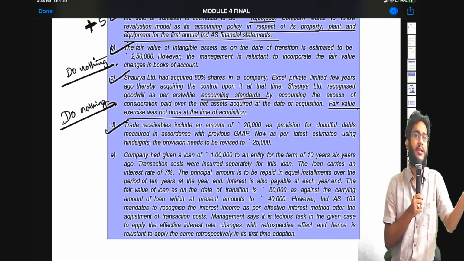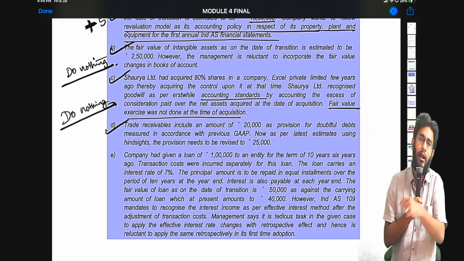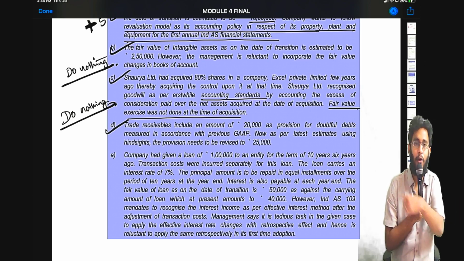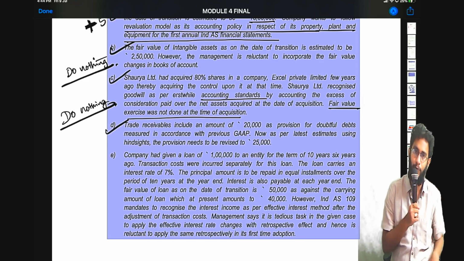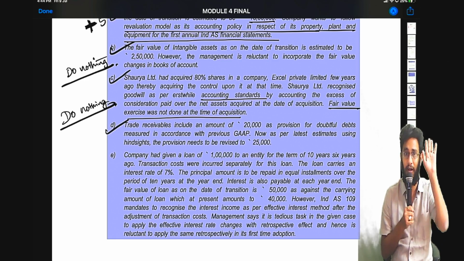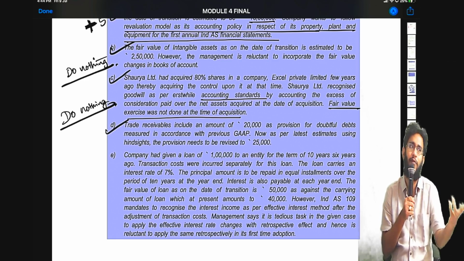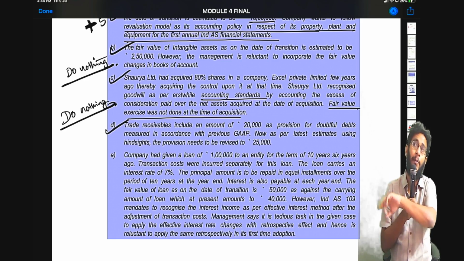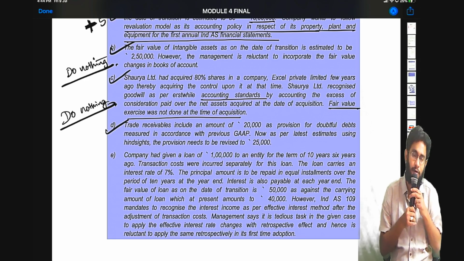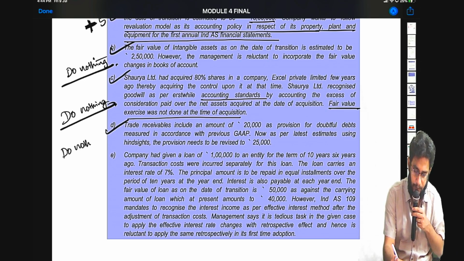Since you are already standing in the future, you would have more information about what happened to a particular estimate you made on the transition date. Sir, can I go back and change the estimate? No. Estimates that were there on the transition date originally, those estimates only should be continued. Just because today you are standing after 1 year, you cannot revise the estimate based on further information. That is wrong, sir. So this also you have to ignore. So the answer is do nothing.